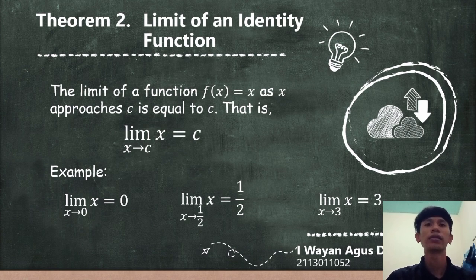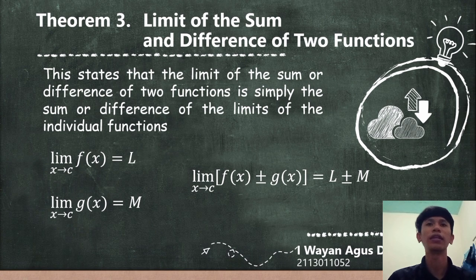Okay everyone, let's go to the next theorem. Theorem 3: limit of the sum and difference of two functions. This states that the limit of the sum or difference of two functions is simply the sum or difference of the limits of the individual functions.